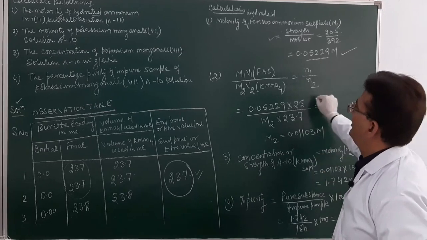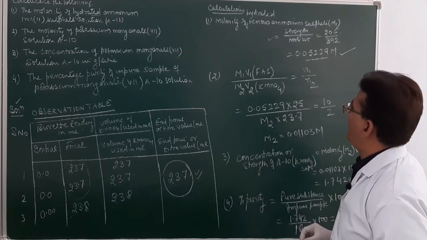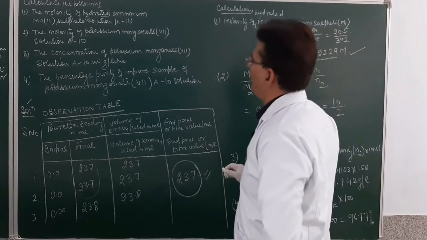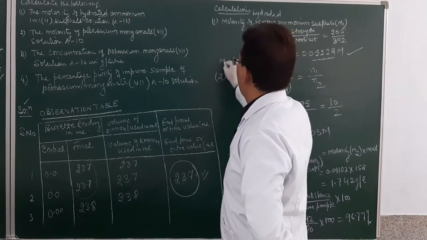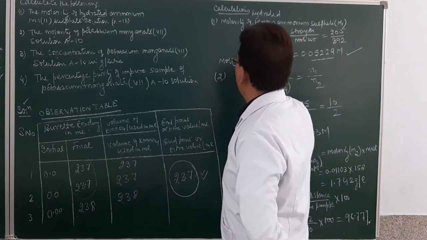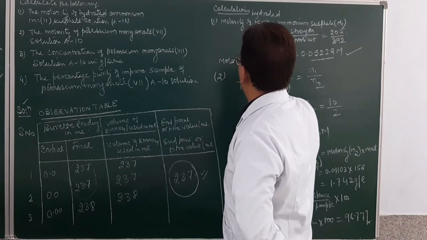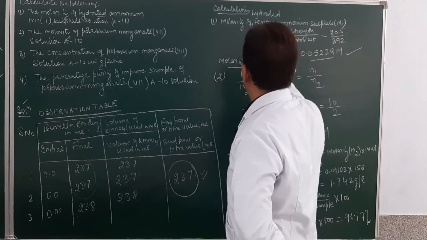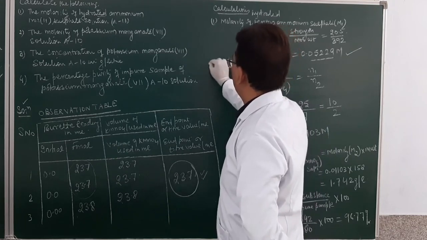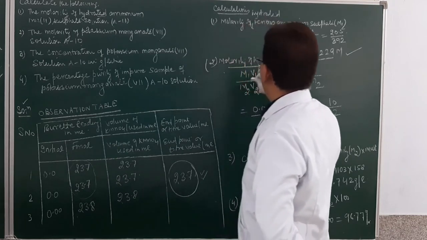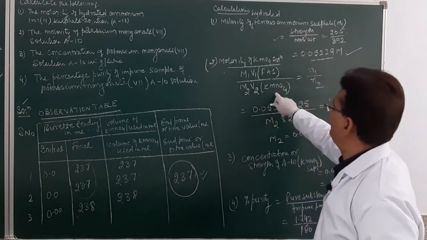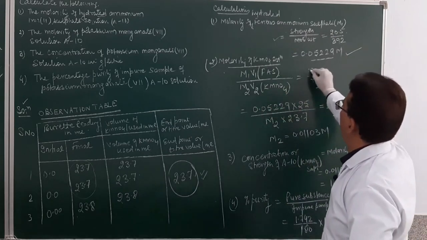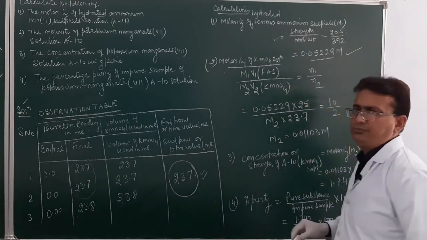Now second, we have to find out the molarity of KMnO4 solution. In the second step, we have to find out what is being asked in the question: molarity of KMnO4 solution. For this, the formula will be M1V1 upon M2V2 equal to N1 upon N2.